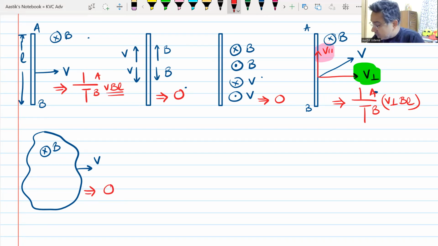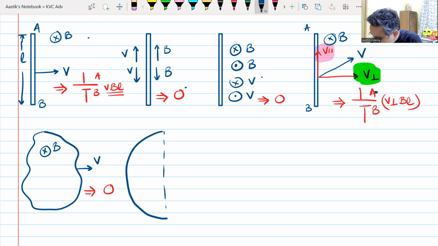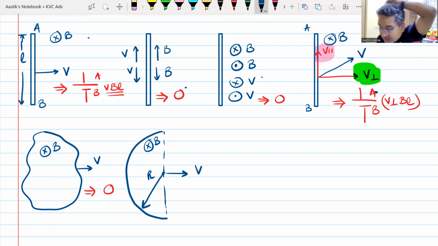Now, I can use this and derive some very important results. The first result: if I have a semicircular loop of radius r moving with a velocity v in a magnetic field B, and I close this entire loop, the EMF would be zero. That means to find the EMF induced between the ends AB, I need to close it.